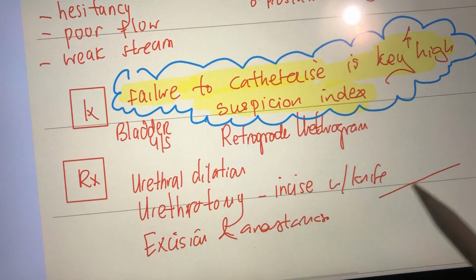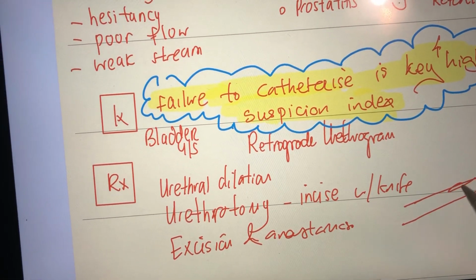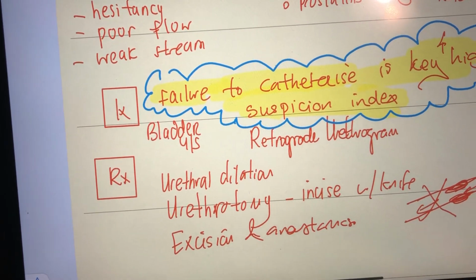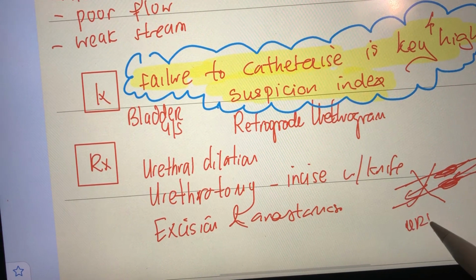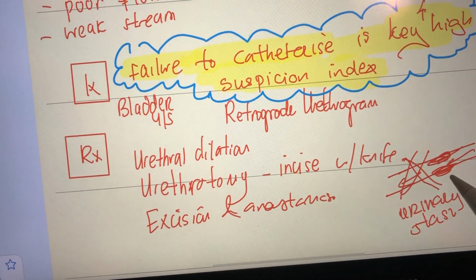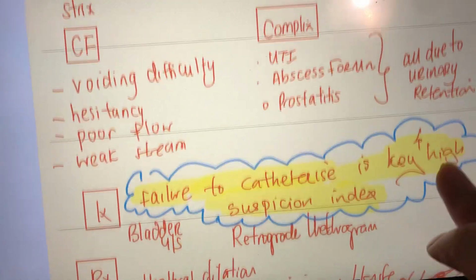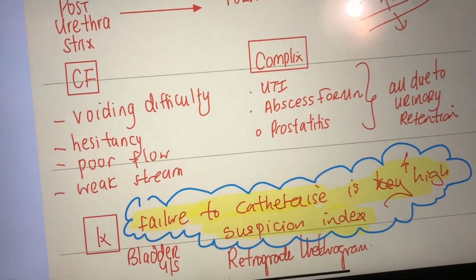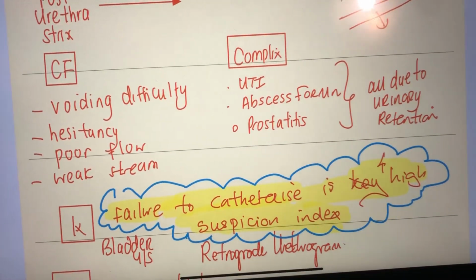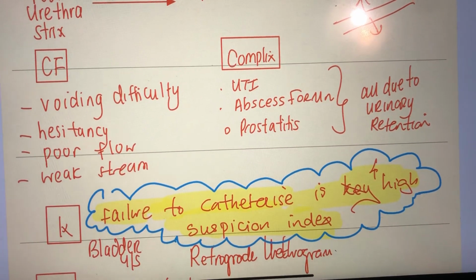And by the way, whenever there's a tube with a stricture obstructing the urine outflow, then if the urine is not passed out, you get urinary stasis. And anytime there's an obstruction leading to urinary stasis, you're going to get complications like a UTI, like an abscess formation, or like prostatitis, all due to urinary retention.